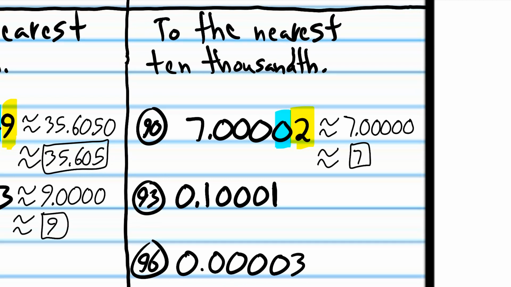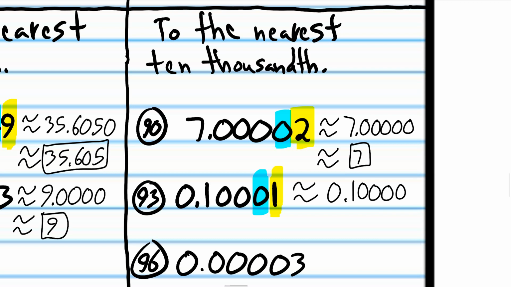All right, we're back. So we need to find the 10,000th place. That's here. This 1 tells us to round down. So that means the blue number doesn't change. And the yellow number becomes 0, and all the numbers to the right of the yellow number.